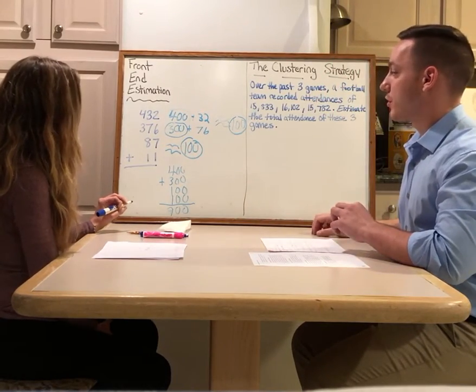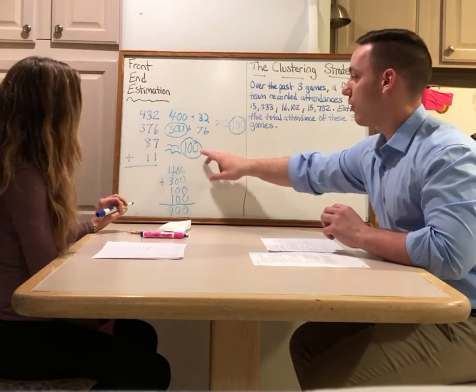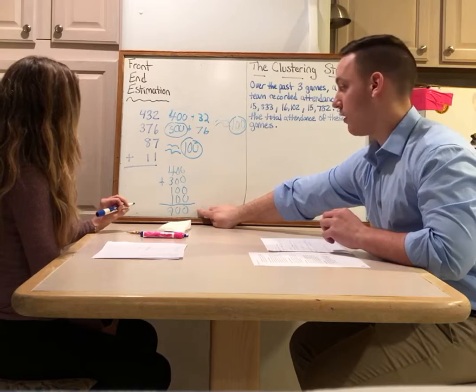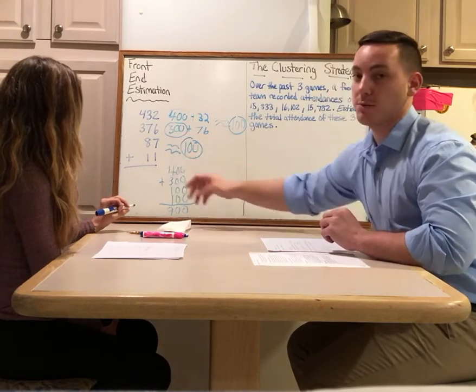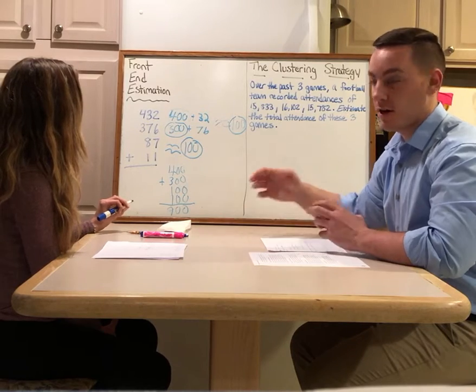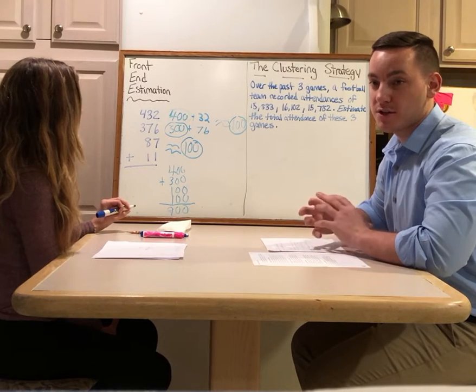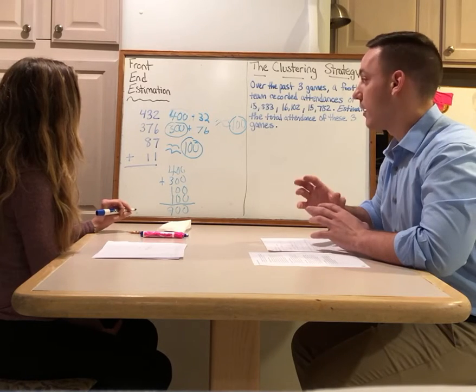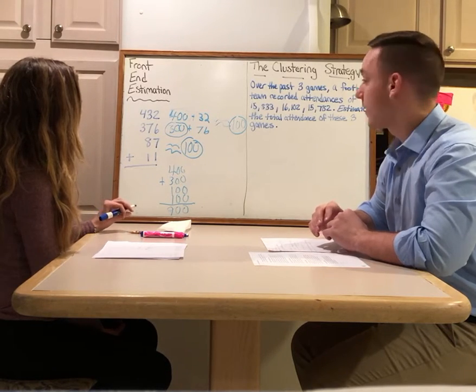We add all those together, and we get our answer estimated at about 900. Okay, that's using the front-end estimation strategy. And again, the key with front-end estimation is to see how many groupings of 100 we could possibly make to help us estimate our answer.